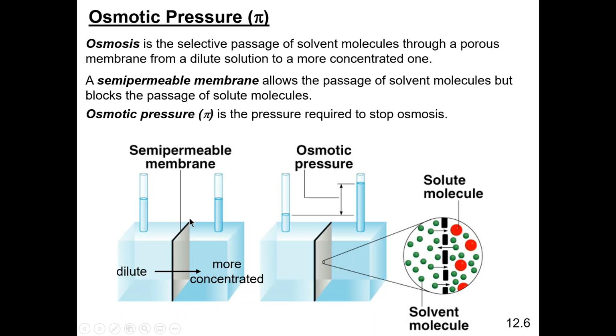So as a result, both solutions will have what we call different osmotic pressures, which is represented by the difference in the height of the two liquids in this diagram right here, all right? And the osmotic pressure is, by definition, the pressure required to stop osmosis, right? So that's basically what is going on as far as osmosis, osmotic pressure, and semi-permeable membranes are concerned.